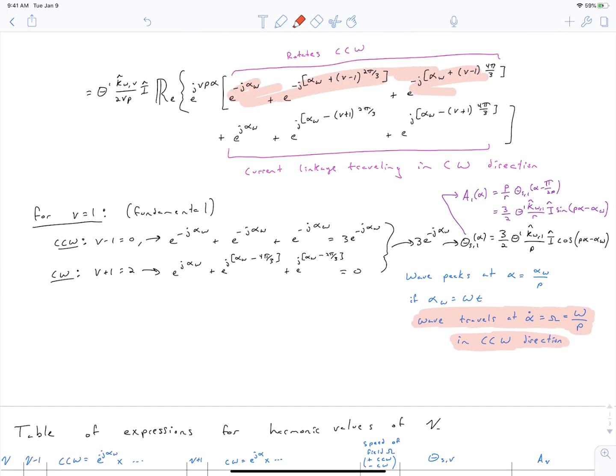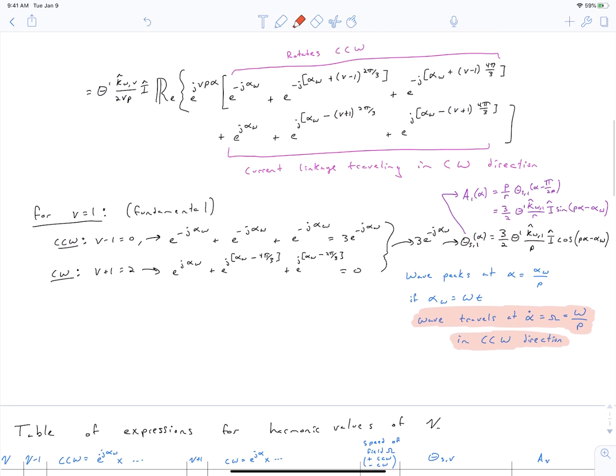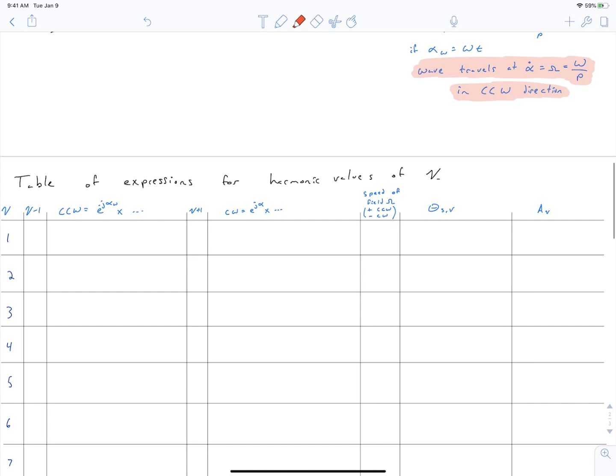I've pulled the negative j alpha w out, and we're just going to strictly be calculating the phasors of this and this plus 1, so that we have the quantity of those phasors multiplied by this. And then over here we're going to do the same thing but in the clockwise direction. And so this should be alpha w. And then we're going to summarize our field speed, the rotational speed of our current linkage. And then we're going to write an expression for the magnitude of our current linkage and then the magnitude of our equivalent linear current density.